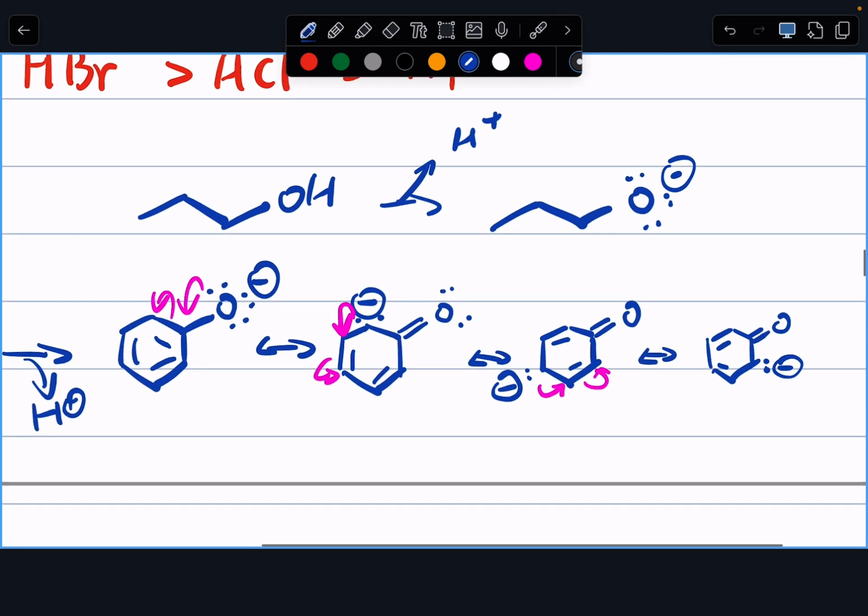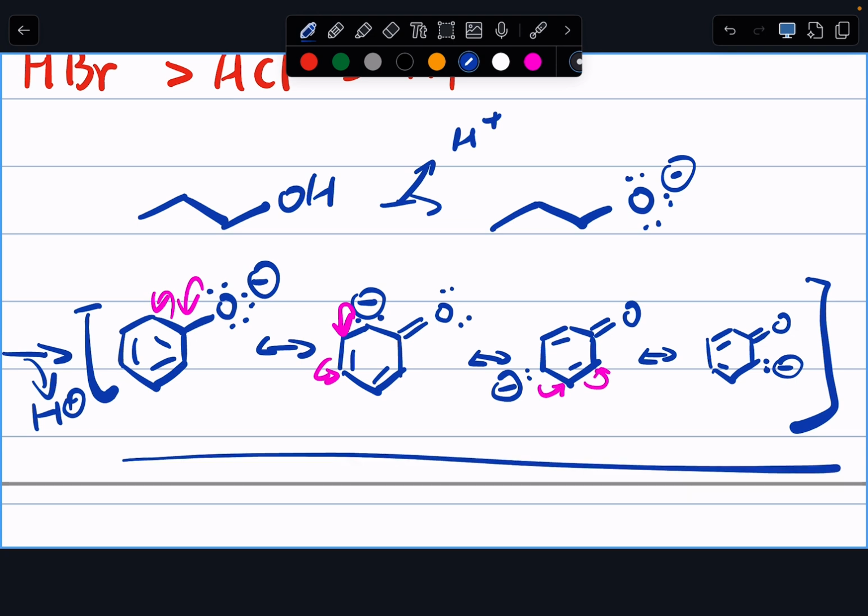In reality, again, whenever we're drawing the resonance structures, all 4 of them coexist. It's not like we're actually doing reactions or something. These are the structures of the same molecule. All right? Yeah.